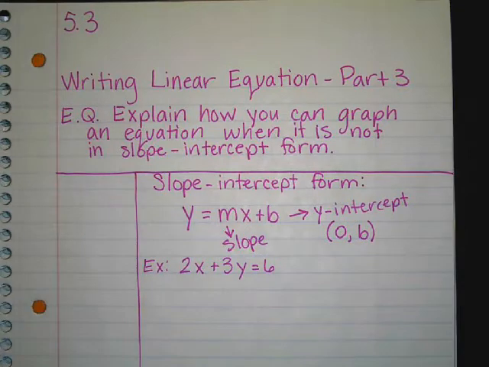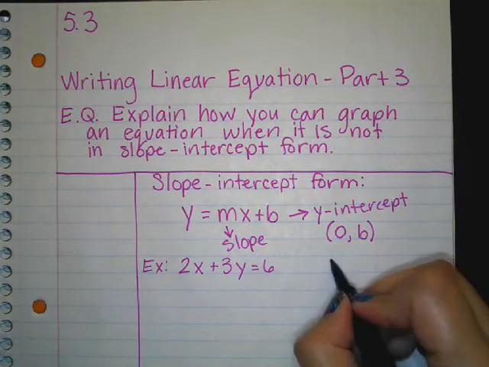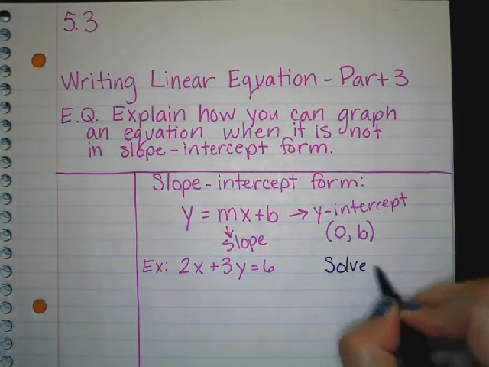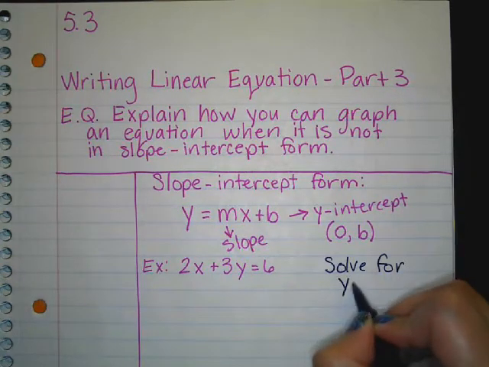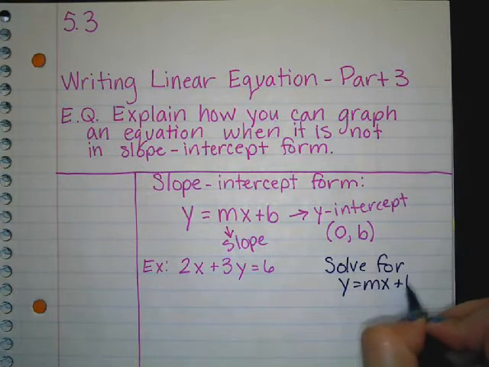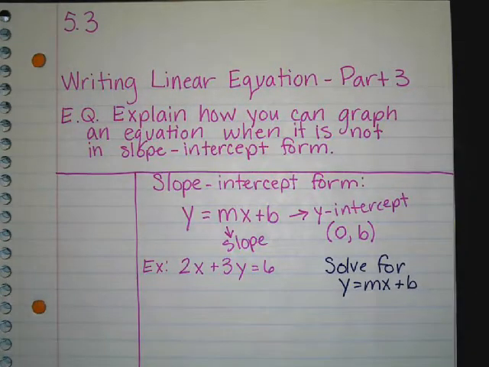So what we need to do first before we can even graph this is solve for y equals mx plus b form. We need the y to be by itself on the left hand side. Now to start doing that, we can start rearranging the equation.